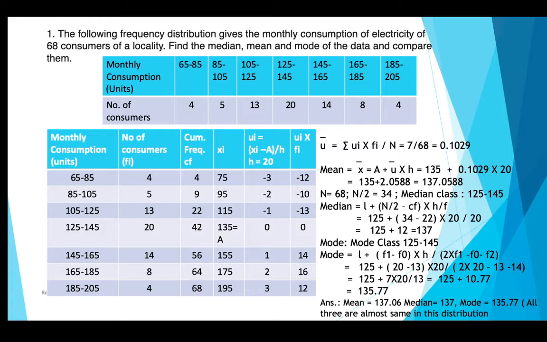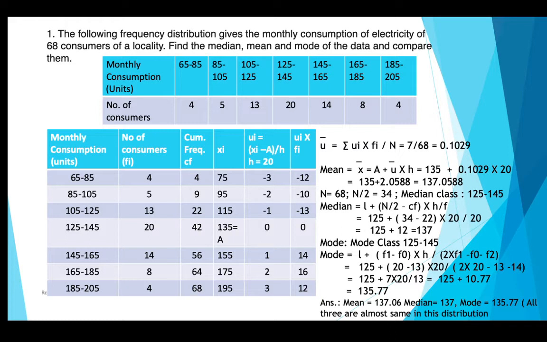H, the class width, is 20, and divide by the frequency of the median class. Frequency of the median class here is 20. So now you calculate and you get 137.